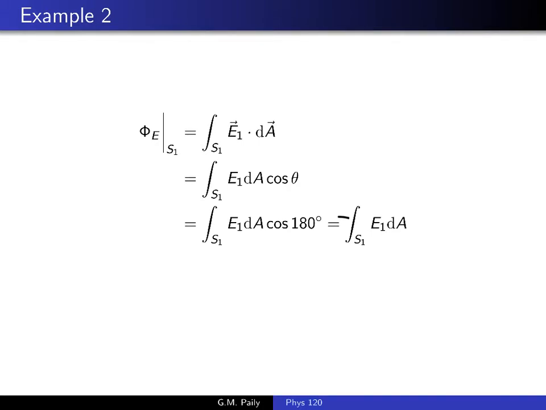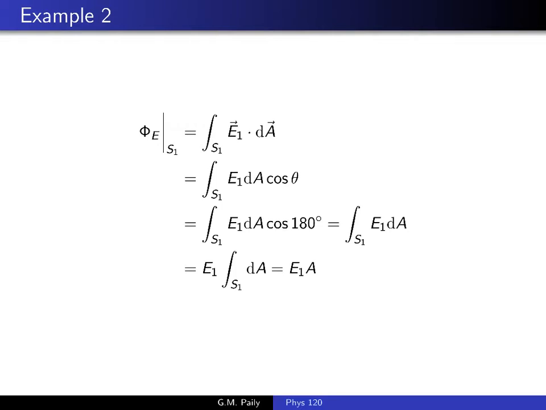Now, here is where the symmetry comes into play. Because our Gaussian surface has the same symmetry as the charge distribution, we expect that everywhere along the Gaussian surface, the field has the same strength. It will not have the same direction, but it will have the same strength everywhere along the Gaussian surface.